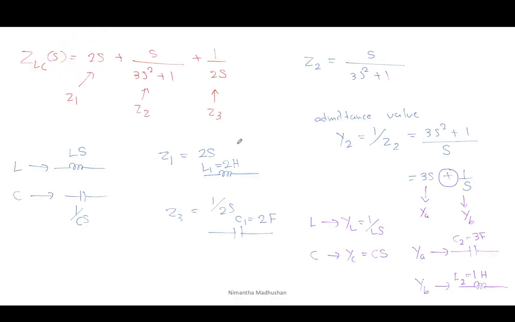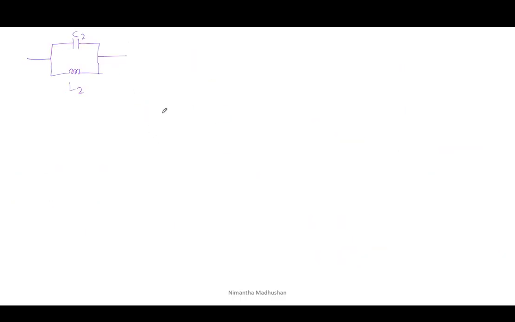For admittance, a plus mark means parallel connection. These two components, C2 and L2, are connected in parallel. In the final circuit, for the impedance, these are shown with a plus mark. That means Z1, Z2 and Z3 components are connected in series. Then we can draw the final circuit.